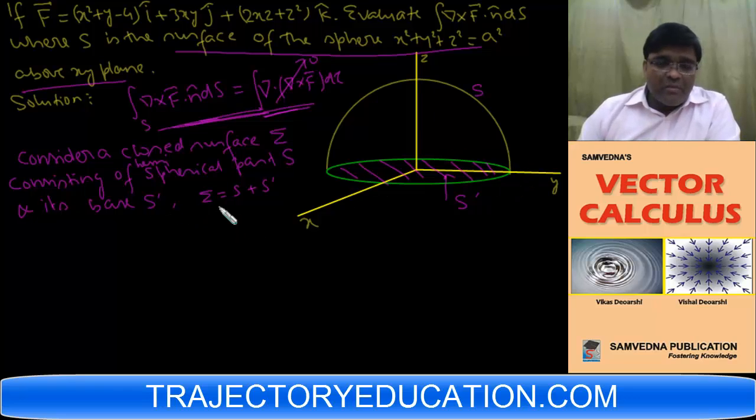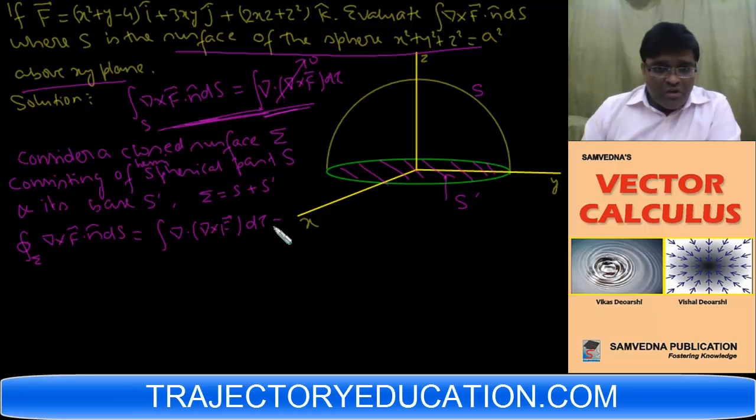It means sigma is a closed surface, and on this closed surface if I evaluate curl f dot n ds, then this will be equal to the volume integral of the divergence of curl f dV, and this will be 0.